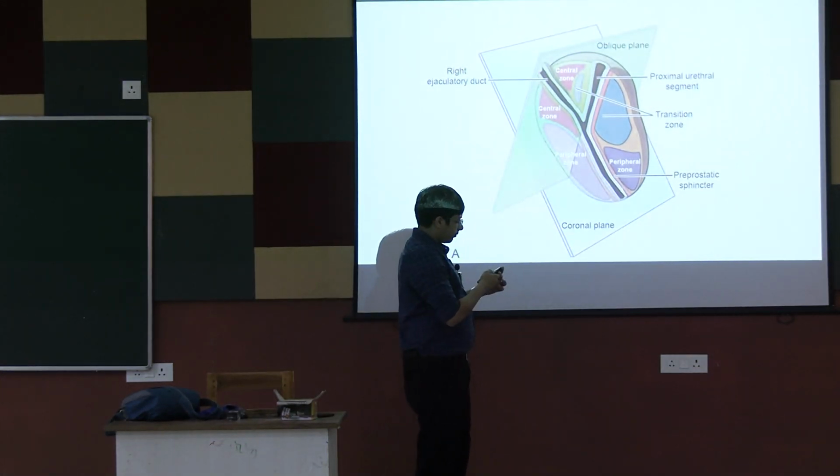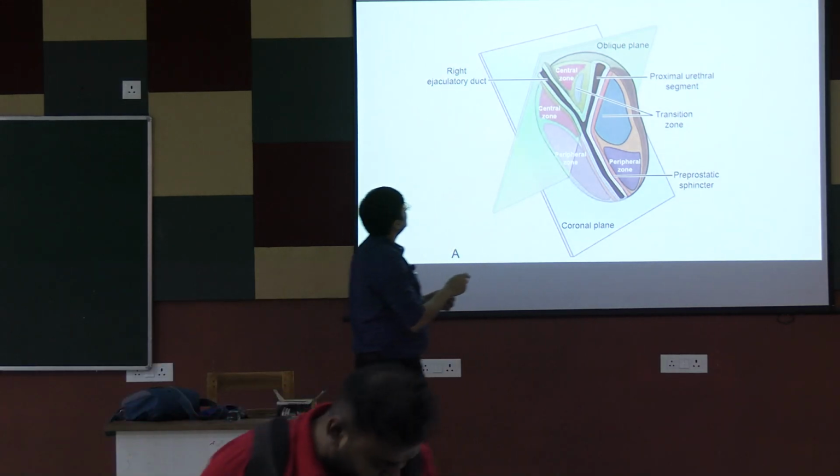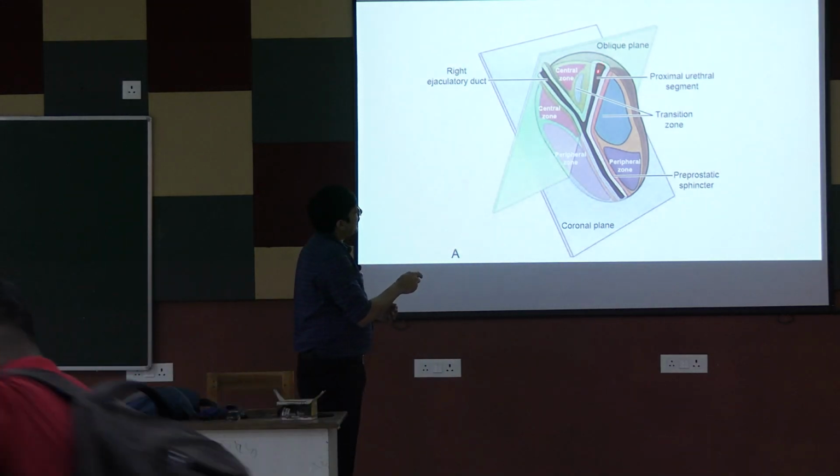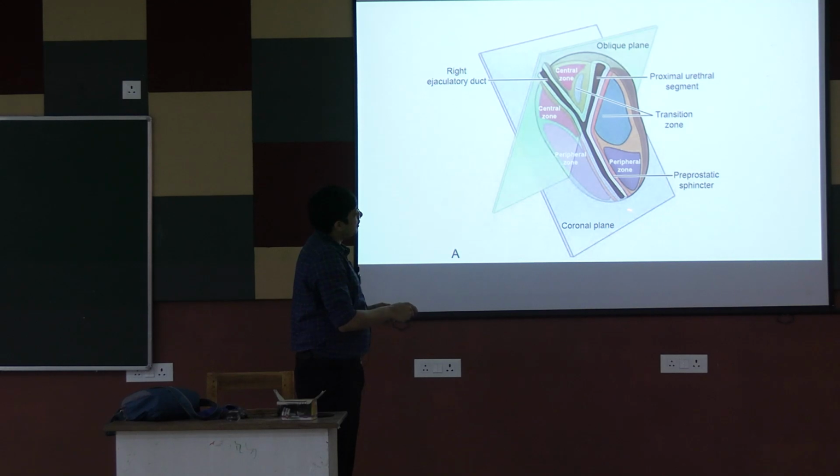So, yeah, you see this oblique part is the urethra. Okay, the urethra has the opening for the ejaculatory ducts. The ejaculatory duct passes through the zone that we call the central zone.